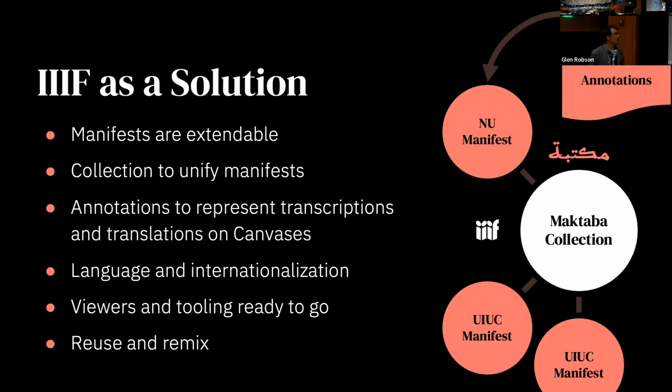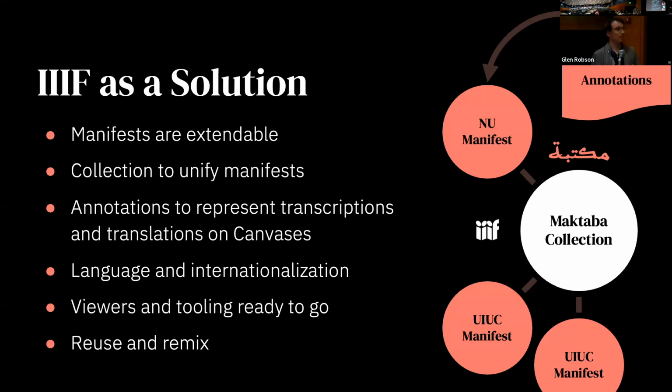As you can see here on this diagram, in the end, what we want to have is a IIIF collection that is called the Maktaba collection. Now, this is uniting these two different collections from these two different institutions, and it's an entirely new IIIF collection, while the manifests are still being provided from the previous collections at the various institutions.